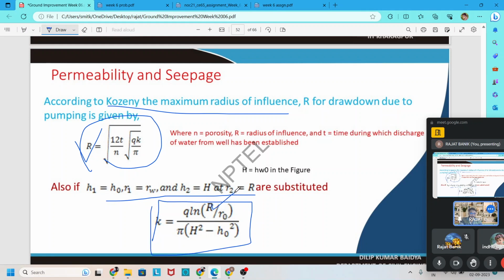That means for H1 we write here h naught, that is the groundwater table in the well. For H2, we write here the capital H, that is the original groundwater table. R is the influence radius, and R naught is the radius of the well. By that arrangement also we can find out the permeability of the soil.